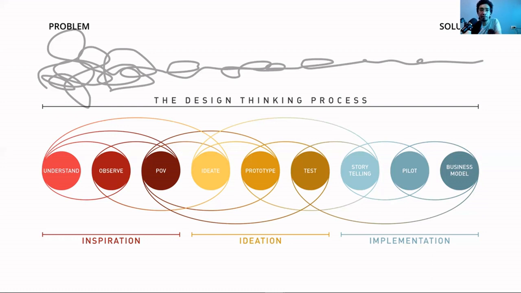So for the inspiration, this is the problem or opportunity that motivates the search for solutions. Ideation is the process of generating, developing, and testing ideas. And lastly, the implementation is the path that leads from the project stage into people's lives. So it is connected by spaces and not steps since they are not always undertaken sequentially.